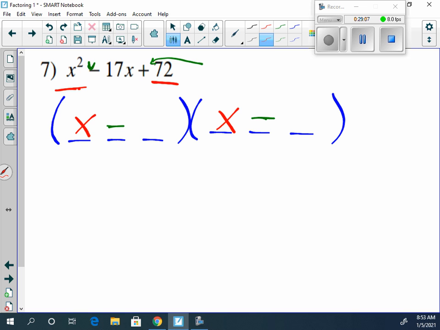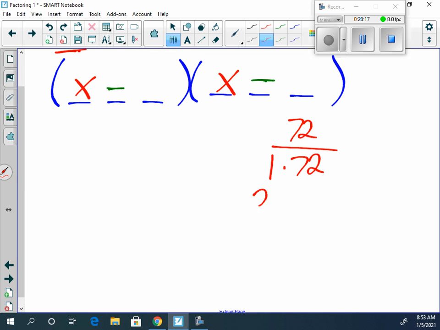Now 72, on the other hand, is not going to be as nice, because we're going to have 1 times 72. We're going to have several. We're going to have 2 and 36. We're going to have 3 and 24.